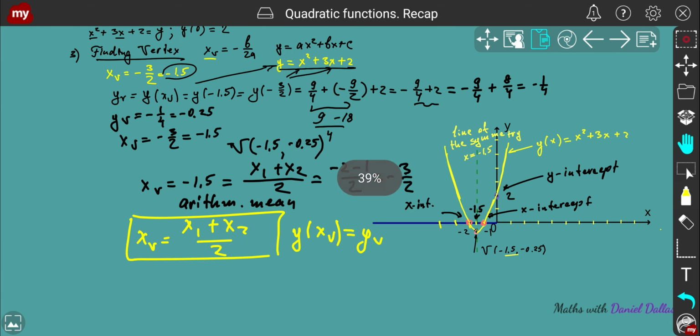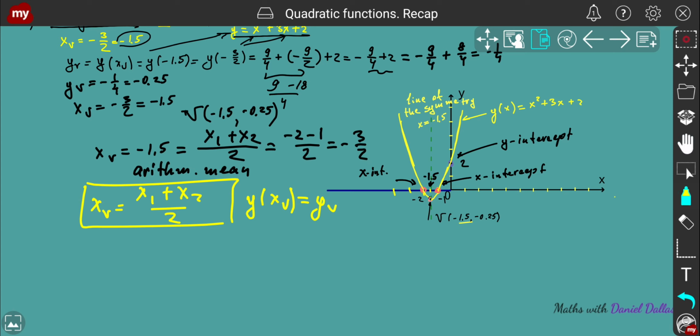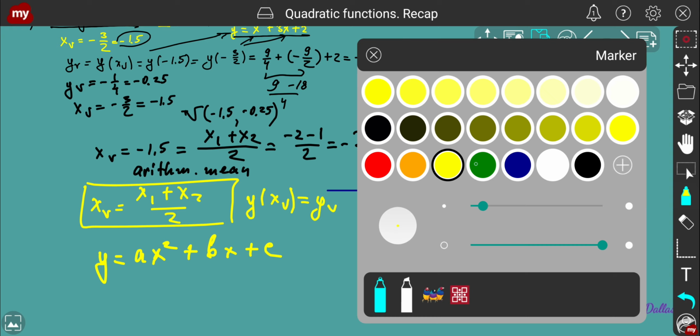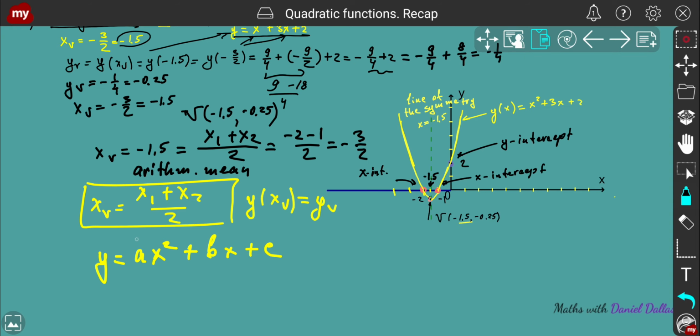So one more observation that we can finally make is about the coefficient. In the equation y equals ax squared plus bx plus c, there was coefficient a, which in our case is positive, right? In our case, a is 1 because we had the equation x squared plus 3x plus 2. And we have the parabola with branches up.